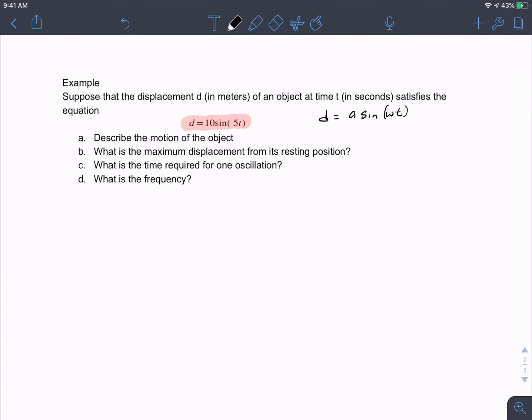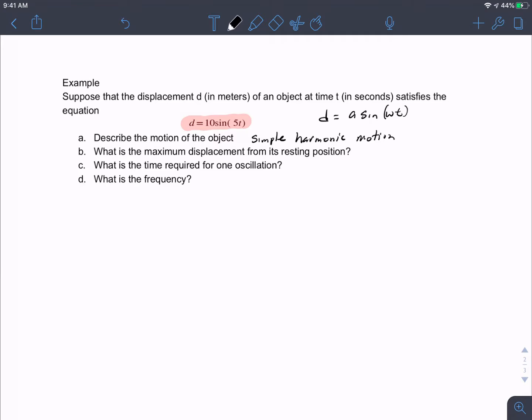And it says, describe the motion of the object. By the theorem that we had, we know that this is going to be a simple harmonic motion, meaning it's going to oscillate back and forth, from the formula we have.